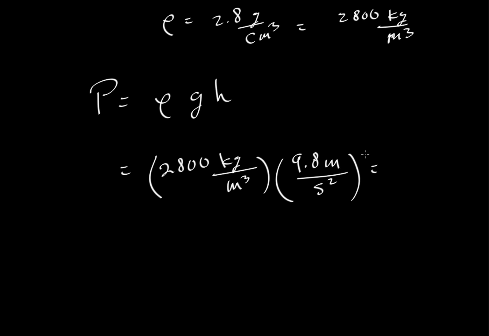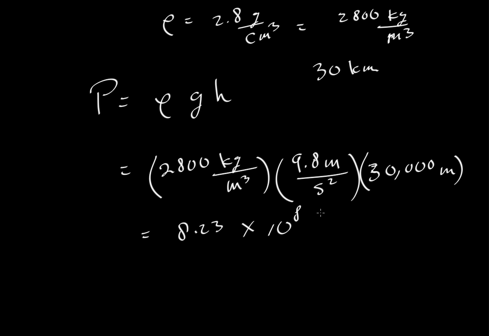And again, using meters, we said we have a depth of 30 kilometers, and so that would be equal to 30,000 meters. And so then this whole thing will equal 8.23 times 10 to the 8 kilograms per meter per second squared when we cancel out the various units here.